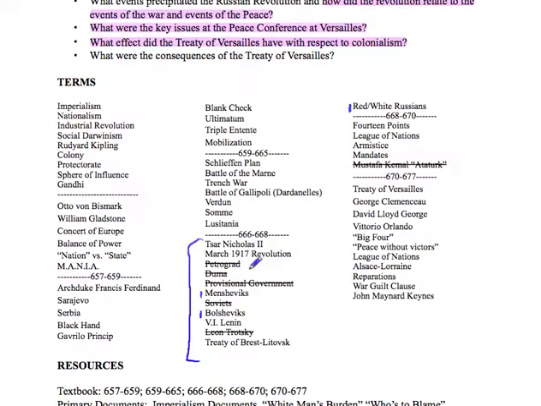Then there is kind of a battle for the heart and soul of the Russian Revolution. Everybody here is a Marxist, but they're different flavors. The Mensheviks are the majority of the Marxists, even though, and this is where some funny historical business comes in, their name Mensheviks means minority and Bolsheviks means majority.